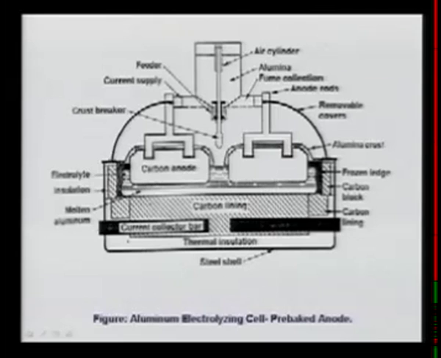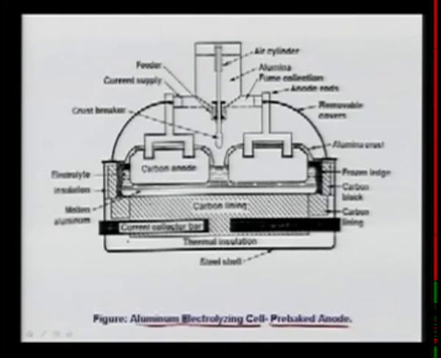It might be a little interesting to see the electrolysis process inside the cell. This picture, as you see here, is the aluminium electrolyzing cell, and this is what you will see as a pre-baked anode. I will explain what this pre-baked anode really is, but let us focus on this picture.